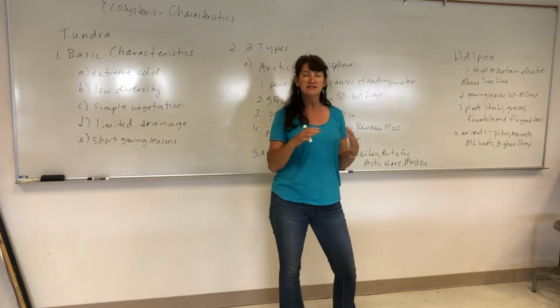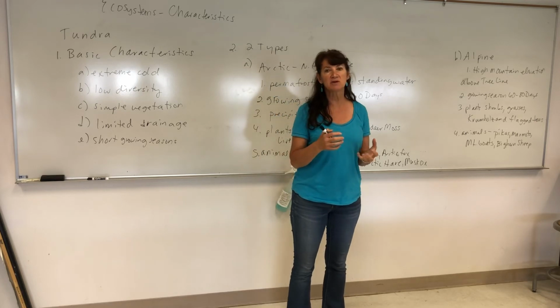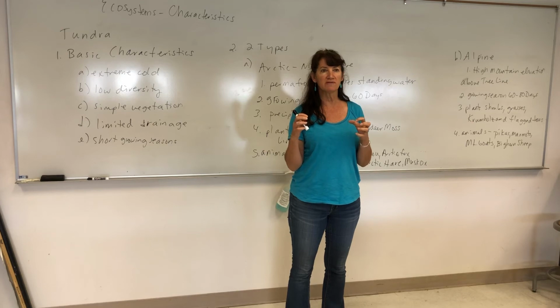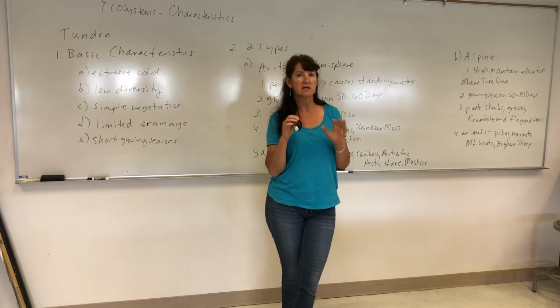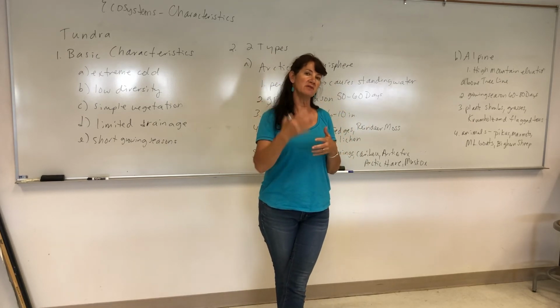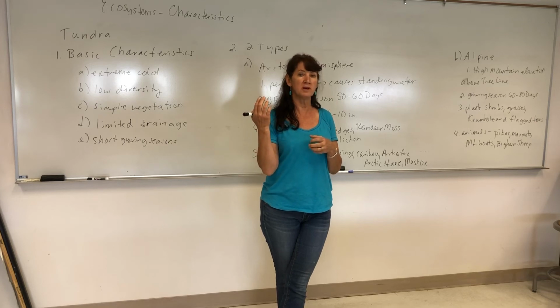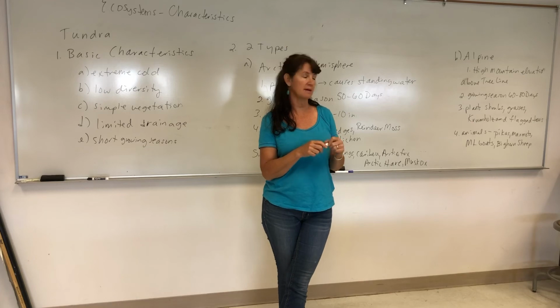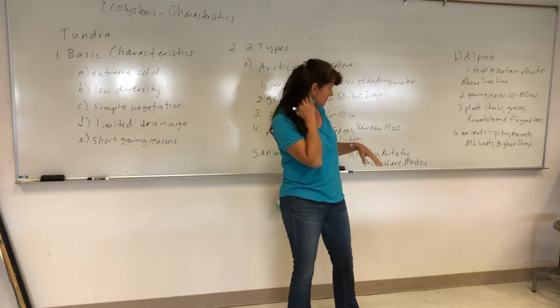We also have some shrubs and then some trees that are called Krumholtz trees or flag trees. Krumholtz are sort of twisted and dwarfed. Flag trees have all of the pine needles sort of wind blasted off of them, and so they have a kind of a flag look to them. So they're very unique to the Alpine.